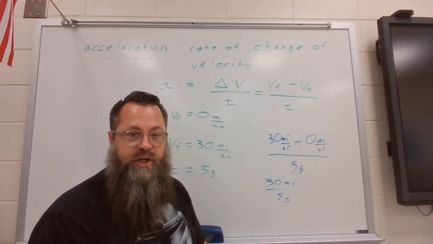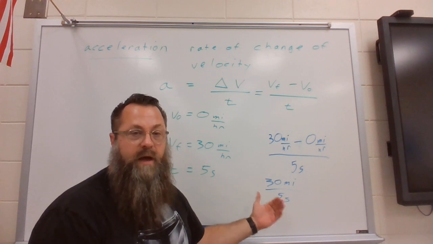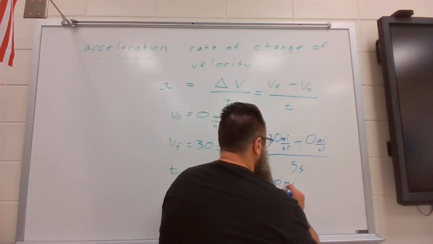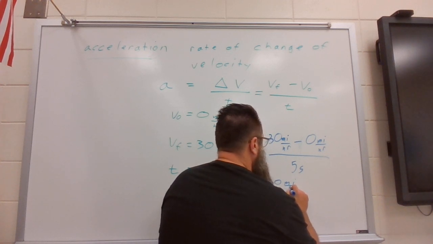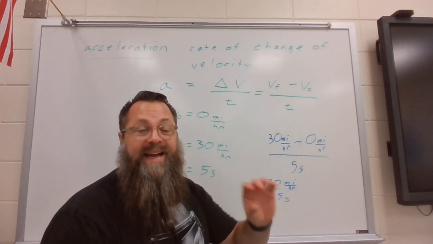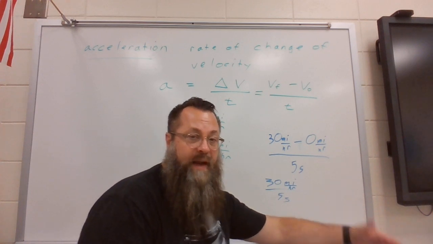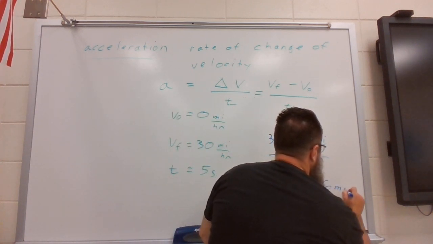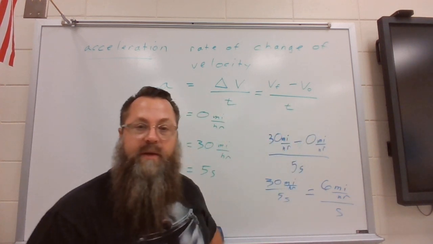This car is changing its number of miles per hour by 6 miles per hour every second, right? So the final answer here, it changes 6 miles per hour per second that it accelerates.